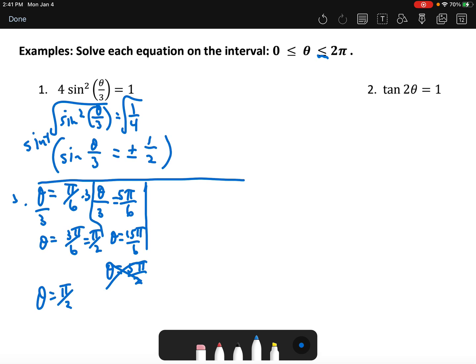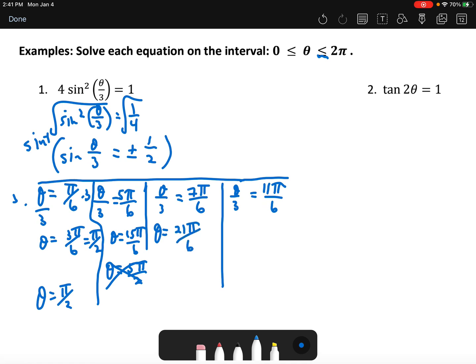Okay, I should put a bar in between these to keep them separate. Okay, now we got to do the other side. Theta over 3 equals, now when is sine -1/2? Well, 7 pi over 6 and 11 pi over 6. Now again, we're going to do the same thing. Theta is going to equal 21 pi over 6. Reduce that. Let's see, 3 goes in there 2 times, 7 pi over 2.